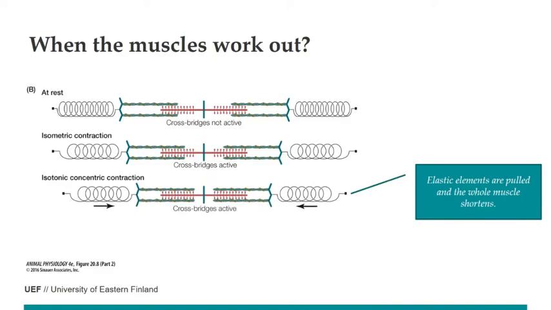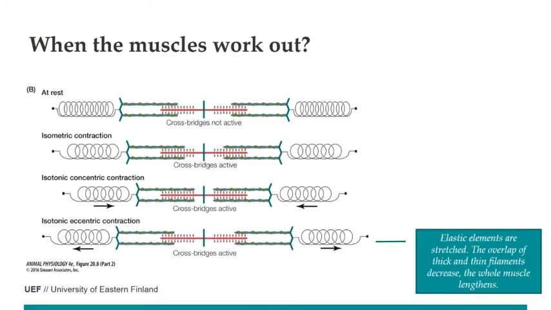Then if we have isotonic concentric contraction, the whole muscle gets shorter. It gets shorter because these cross bridges are now active, and they are pulling these elastic elements that are pulling whatever is bound to the ends of the muscle.